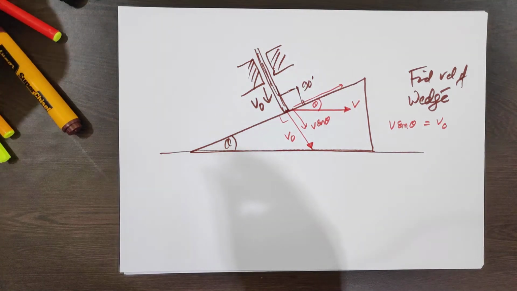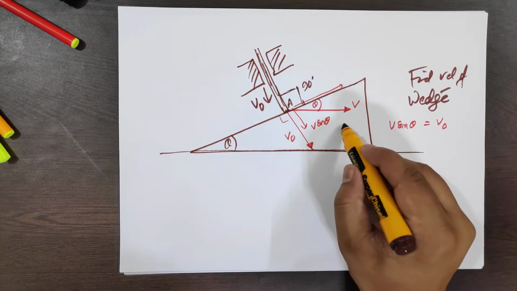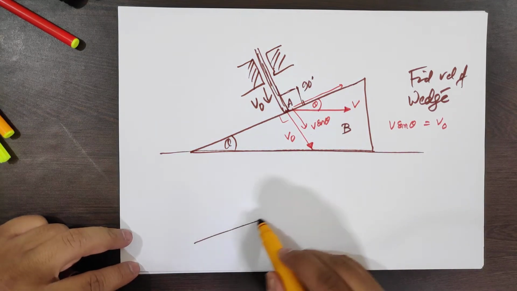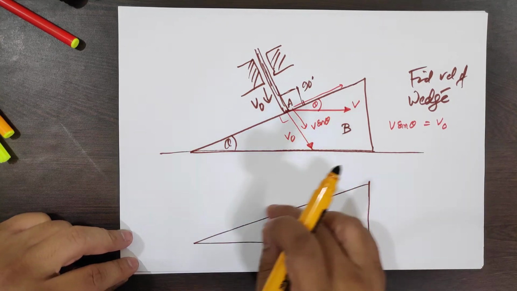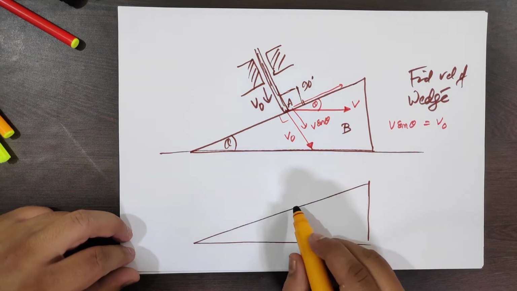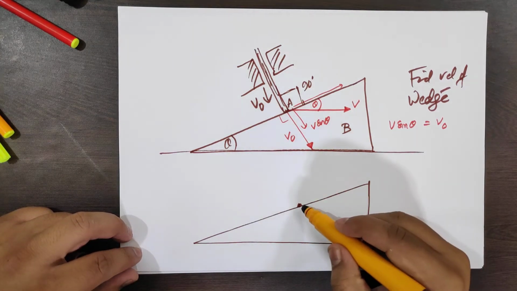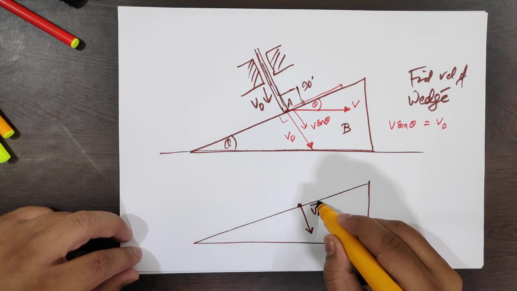Or else you can try out that method, that again this is A and this is B. With respect to B, obviously A will move parallel to the surface of the wedge. It will not have any of this component. So this is vector VA.